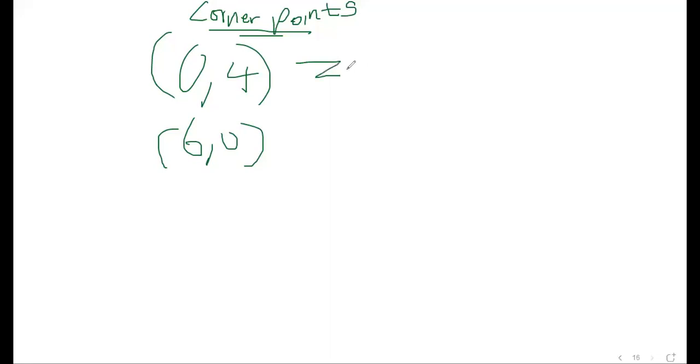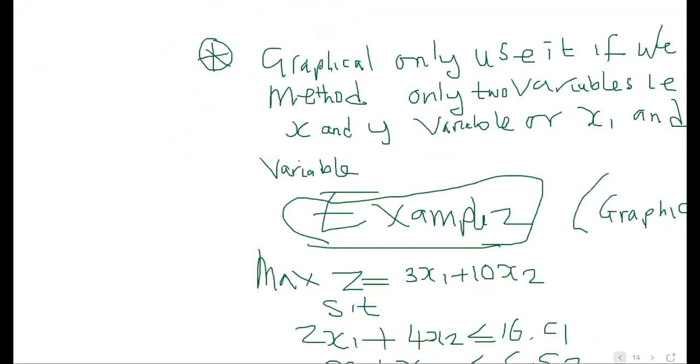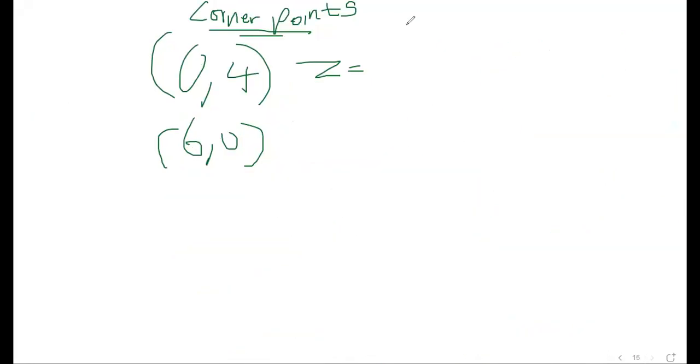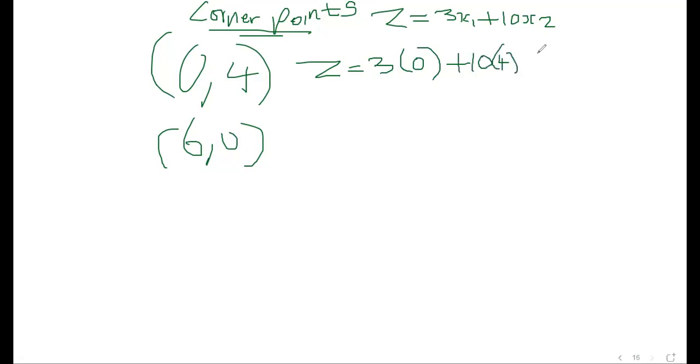Then we can substitute into our z, but of course we're finding another one. Our z was 3x1 plus 10x2. So it will be 3 times 0 as we substitute, then plus 10 times 4, where we're getting 40.